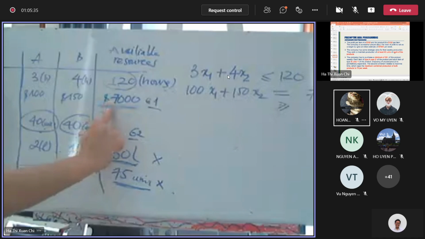So we can work together, everyone. First, the goal number 3 here. Let me check the goals. The profit is the first goal, the second is the production, third.